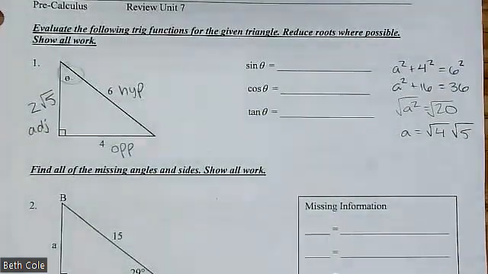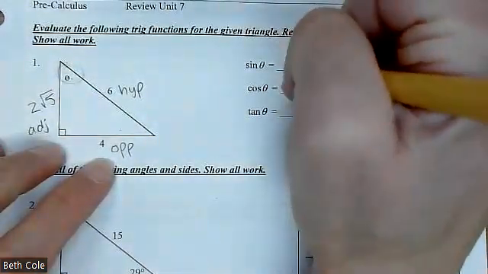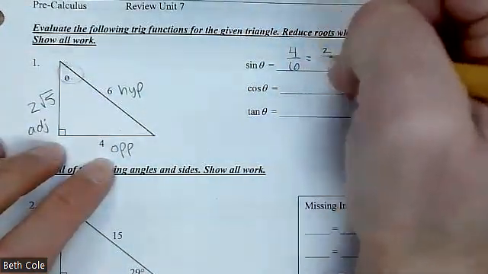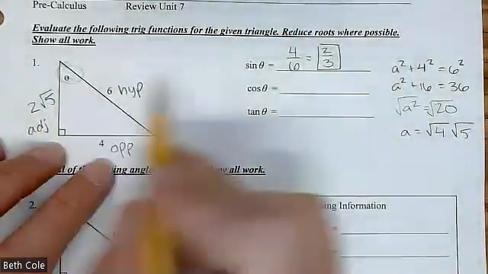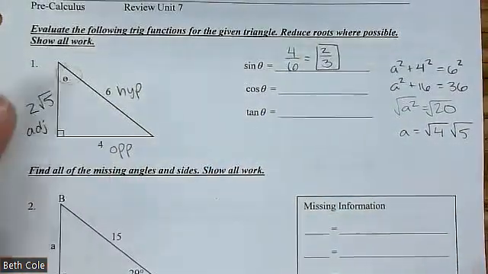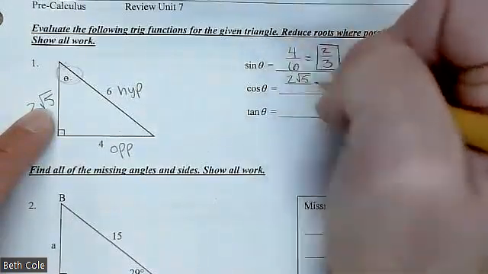All right. And the hardest part, honestly, is reducing the fractions. That part goes well. It's reducing the fractions that can be hard. Sine is going to be 4 over 6. What does that reduce to? Yep, 2/3. Good. Cosine would be what over what? 2 square root of 5 over 6.